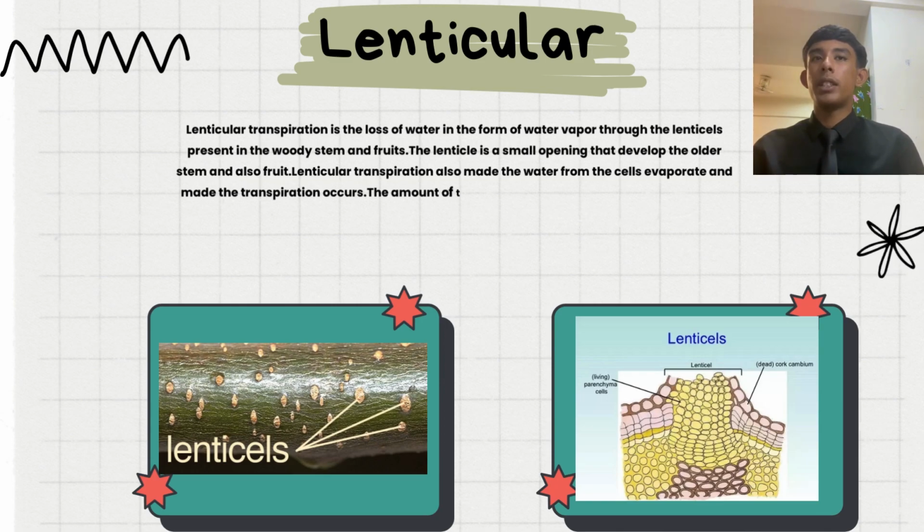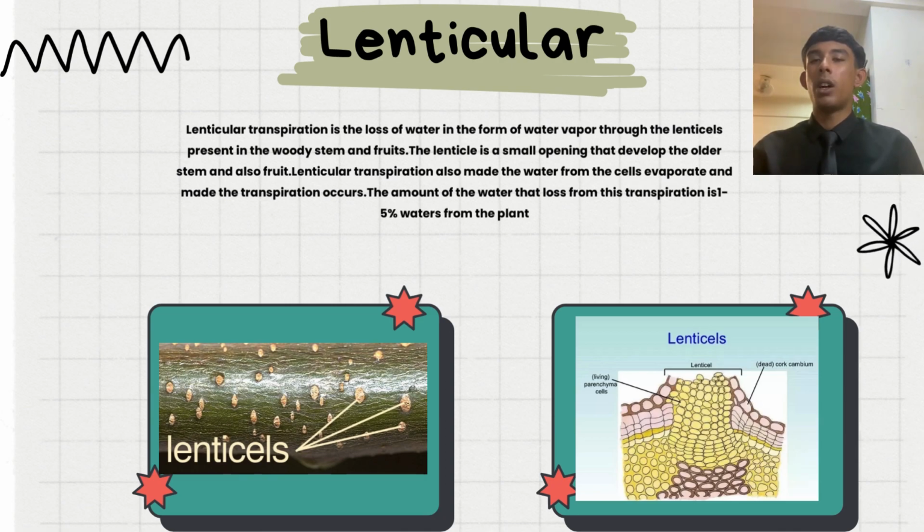Lenticular transpiration also makes the water from the cells evaporate. The amount of water lost from this transpiration is between 1 and 5% of the water from the plant.